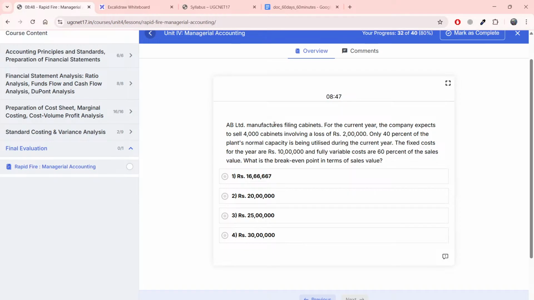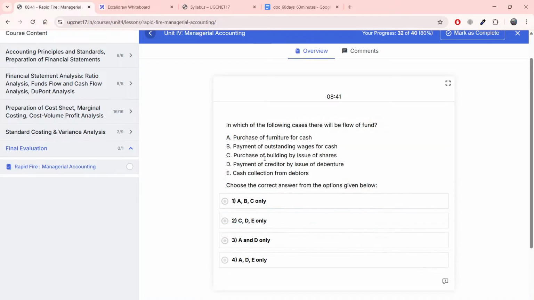A B manufacturers, ये तो हमने पहले भी किया था. In which of the following cases will there be flow of funds? Purchase of furniture for cash, purchase of building by issue of shares. See, flow of funds. Okay, working capital में change होना चाहिए. Purchase of furniture for cash, हम cash दे रहे, working capital change होगा.